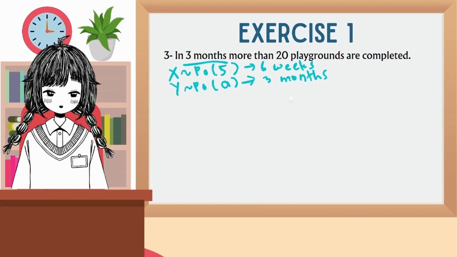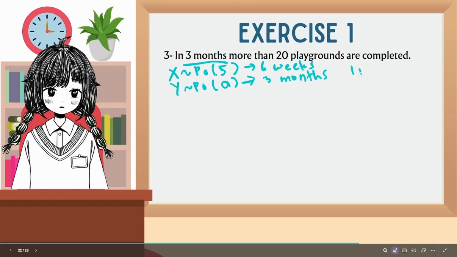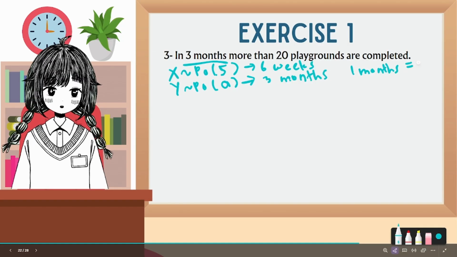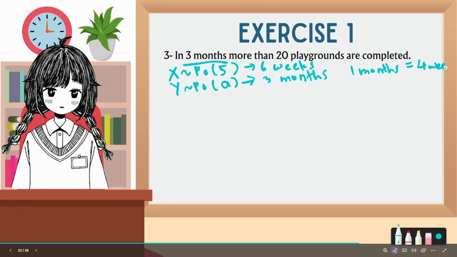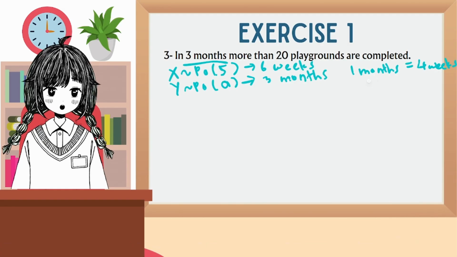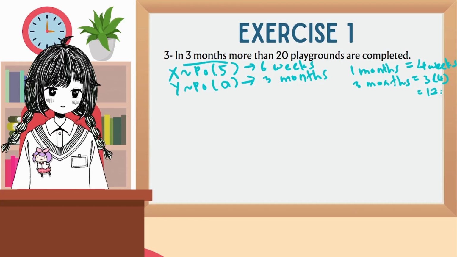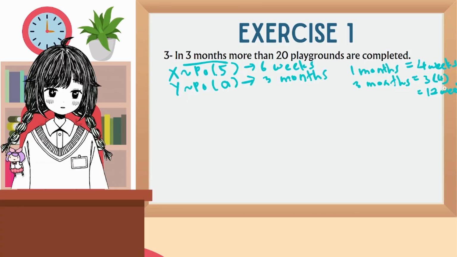In this case, we choose to convert 3 months to weeks. Generally, 1 month has 4 weeks. So in 3 months, 3 times 4 equals 12 weeks. So 3 months have 12 weeks.